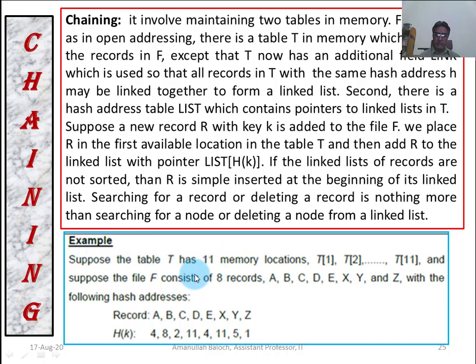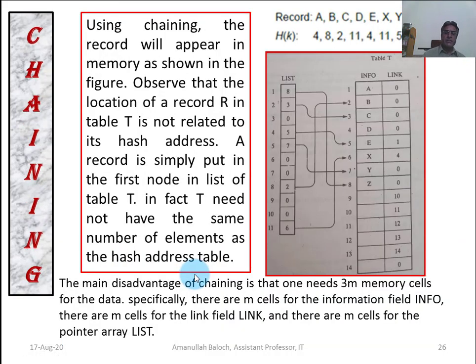This is the given example which we want to solve here. 11 memory locations, and this is another table T with link and information. This was the problem which we have to resolve here, and whose records we have to store in the table. Let record A want to store itself. A will be stored here, and in this table its index is 1.